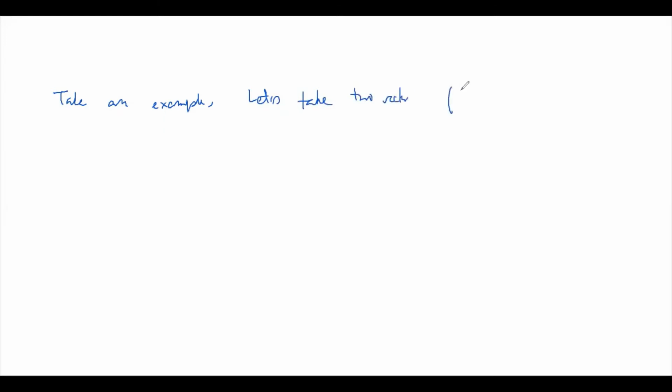Let's call them 1, 2, and another 1, 1. So what are these two vectors? Let's draw the line again. Let this be 1, this be 2, 1, 2.